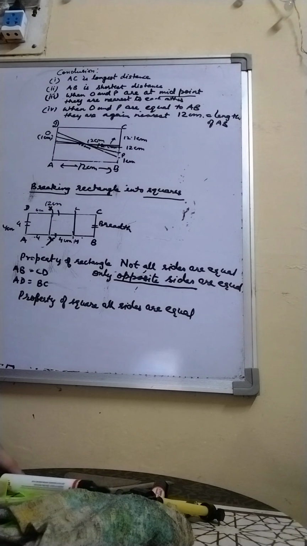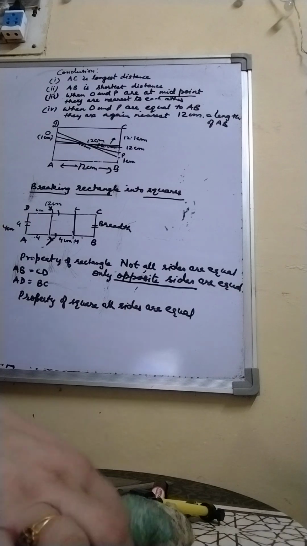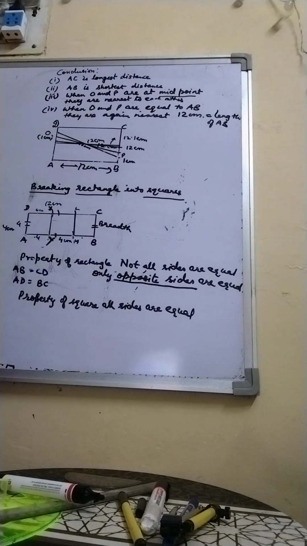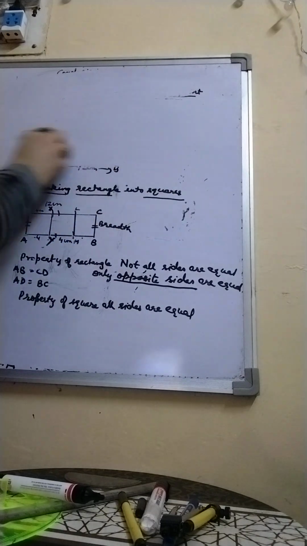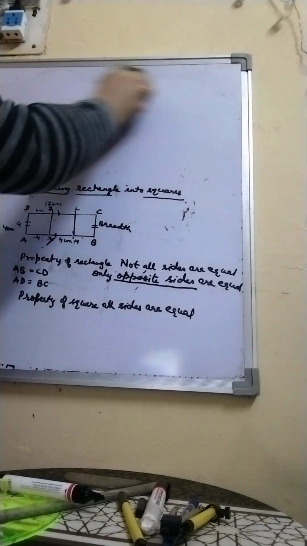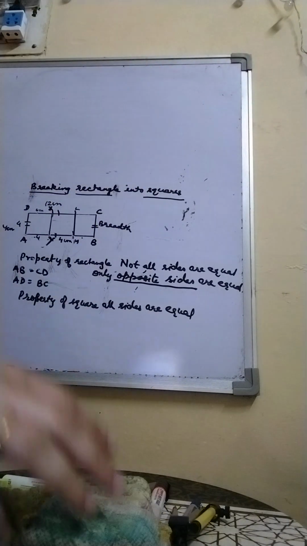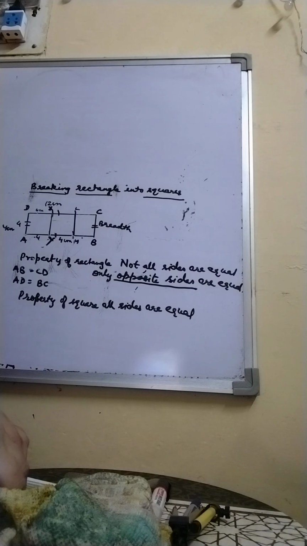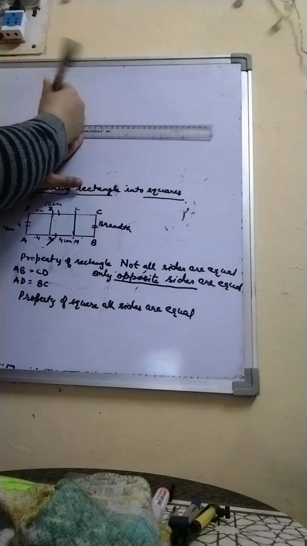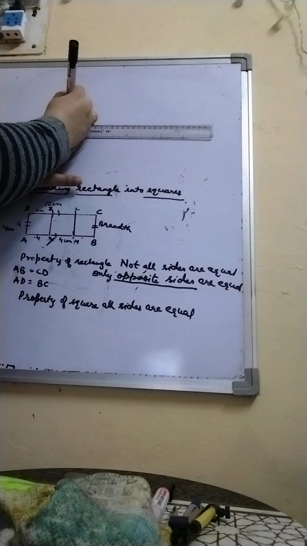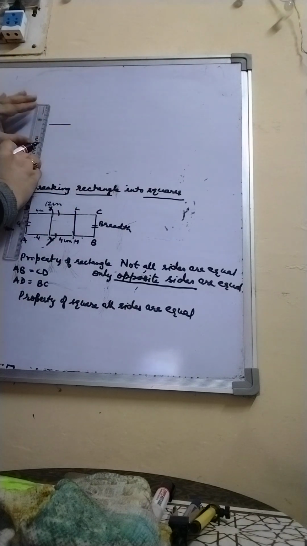Now suppose here we have drawn 3 squares out of the rectangle. How to make 2 identical squares? So first square we would make, say, 4 centimeter, which we had taken.